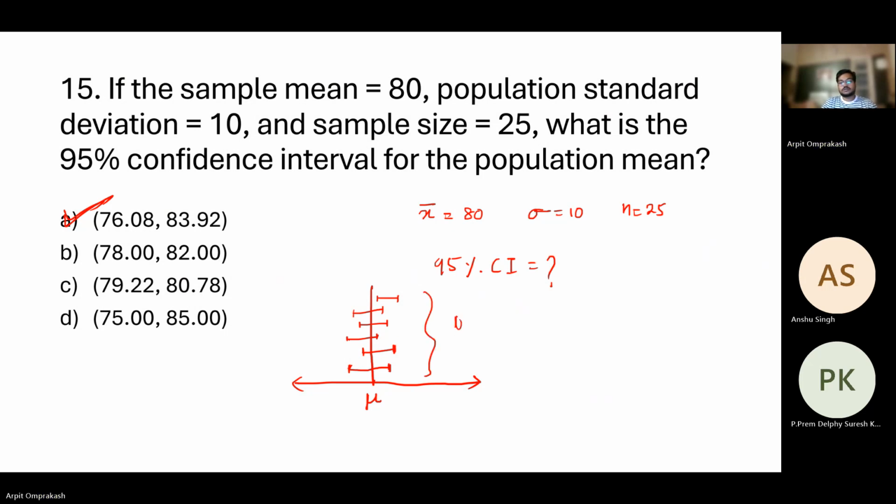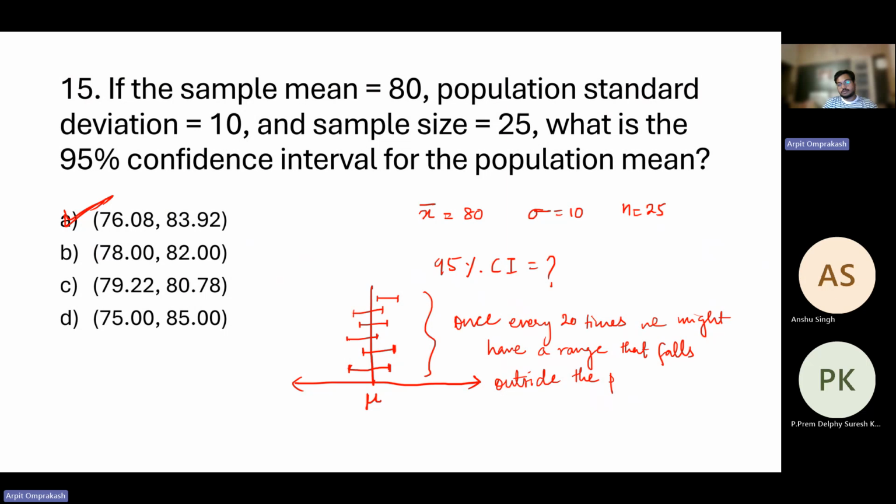Once every 20 times, we might have a range that falls outside the population mean.